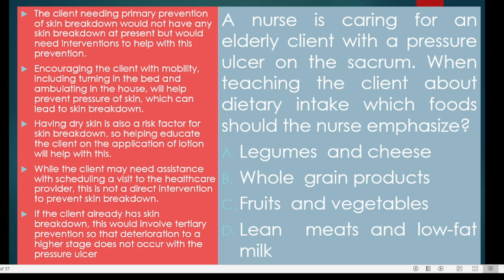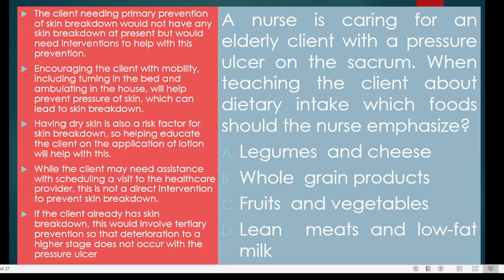So the client needing primary prevention of skin breakdown will not have any skin breakdown at present, but will need interventions to help this prevention. Encouraging the client with mobility, including turning in bed and ambulating in the house, will help prevent the pressure ulcers, okay, that normally lead to this skin breakdown.